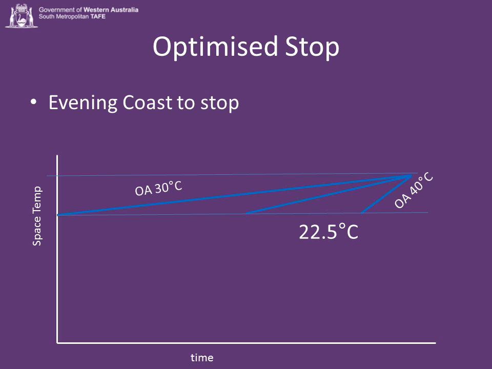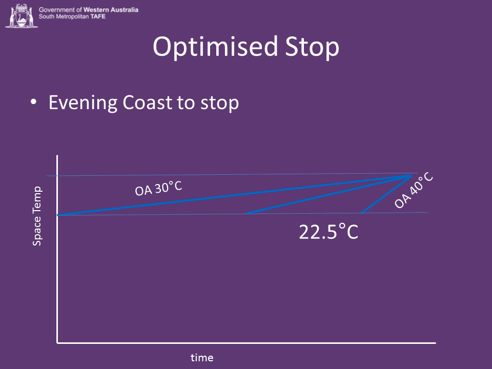If the building heats up at 10 degrees an hour, I could turn the chillers off an hour early. In fact, there's a whole mass of chill water in the pipework. I could probably turn the chillers off 2 hours early.